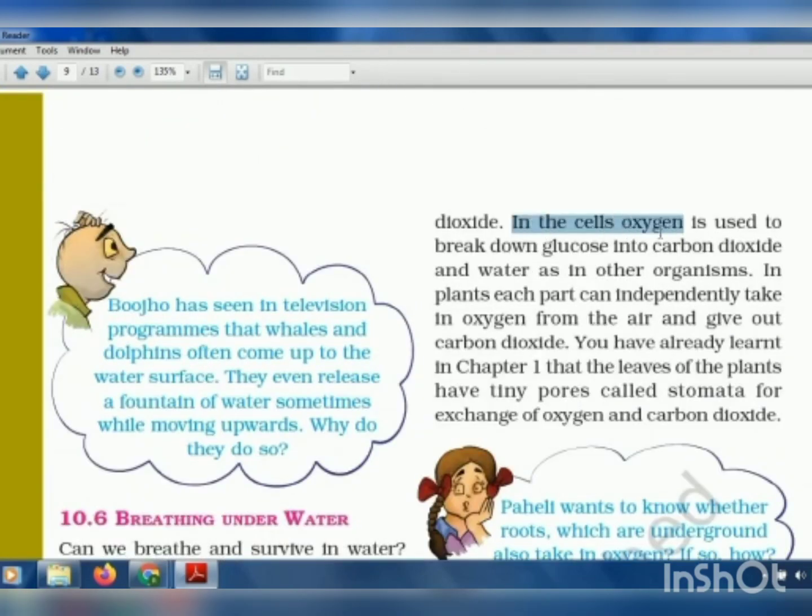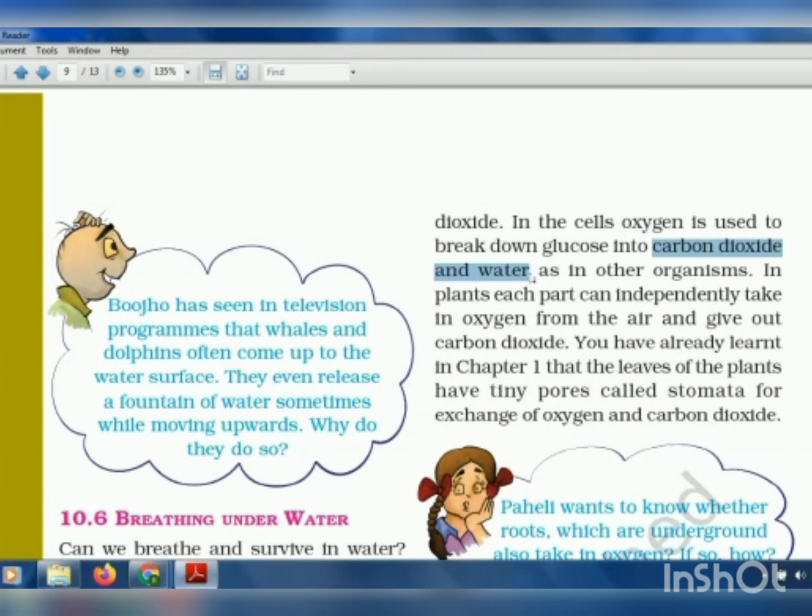In the cells, oxygen is used to break down glucose, as it happens in our body also. The oxygen that we inhale is used to break down the glucose in the cell, so that the cells can produce energy and our body can get energy. The other products besides energy are carbon dioxide and water.